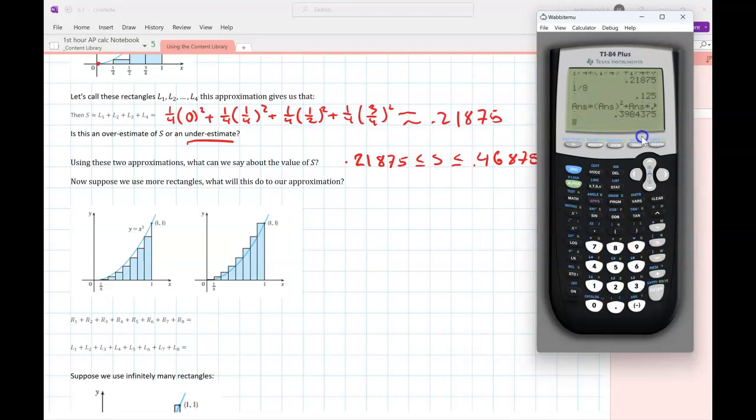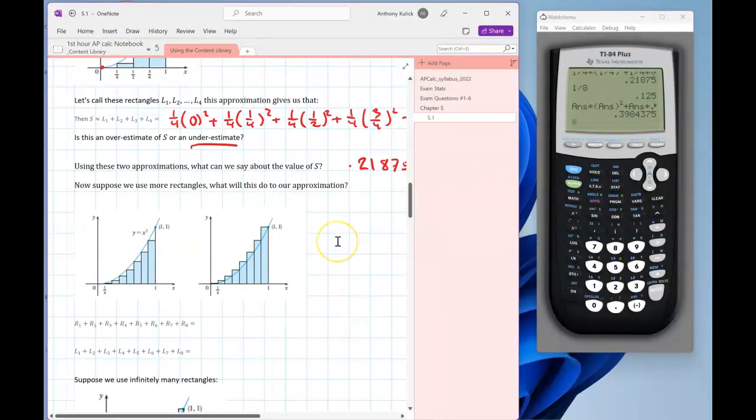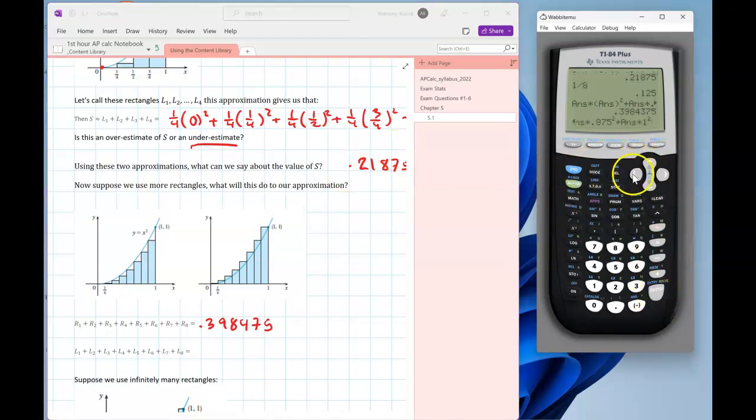Okay, so I have 0.3984375. And if I do from the left, I just swap that last term for a 0. Ooh, that doesn't seem right. What happened there? Should not have been bigger.